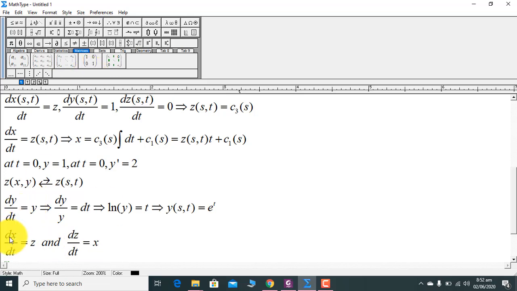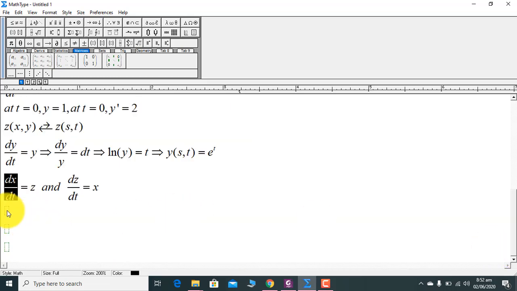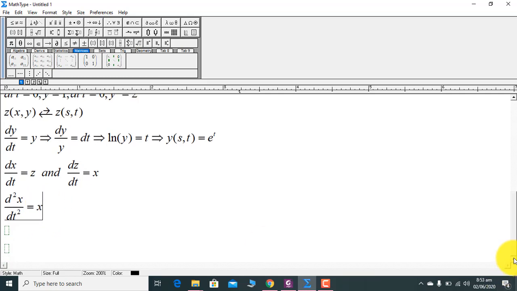We are differentiating this with respect to t. So the answer will be d square x over dt square, and on the right hand side you will have dz by dt. But you know that dz by dt is actually x, so z is eliminated, and the answer is d square x over dt square minus x is equal to 0.